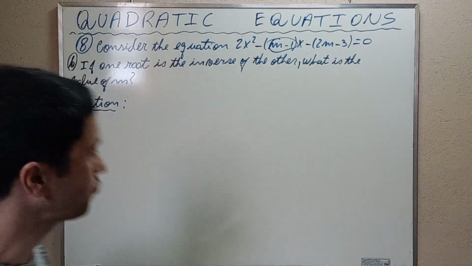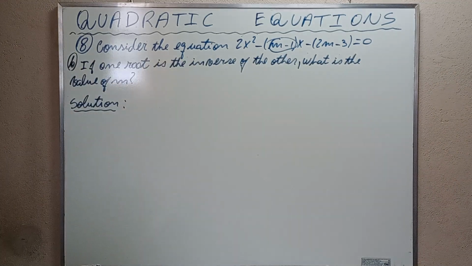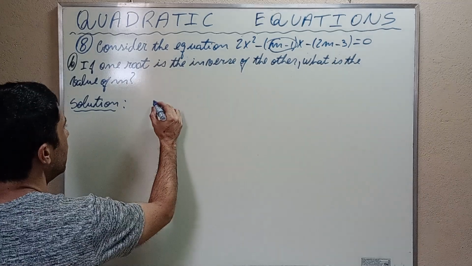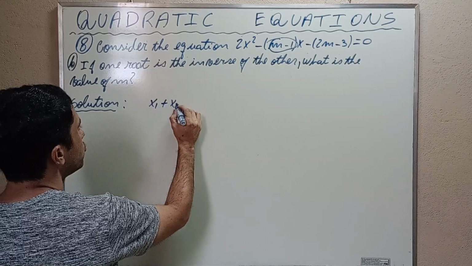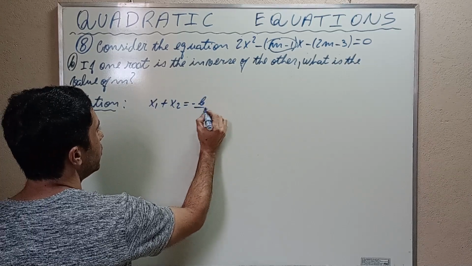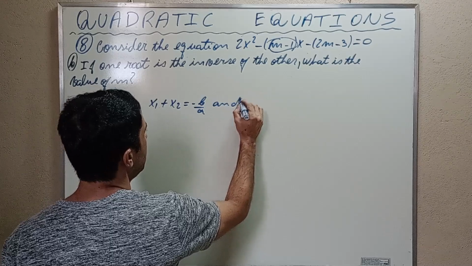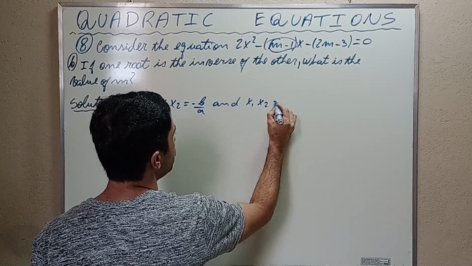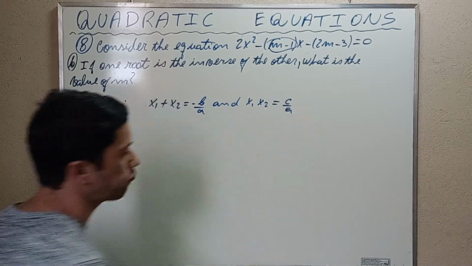Letter B now. If one root is the inverse of the other, what is the value of m? Alright, my friends, this is the question. And to solve it, we need to remember that x1 plus x2 is equal to negative b over a, and x1 times x2 is equal to c over a.